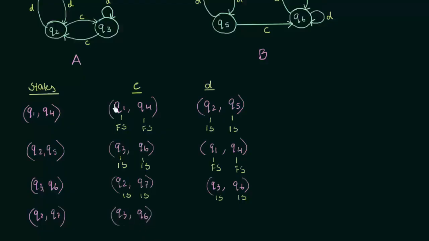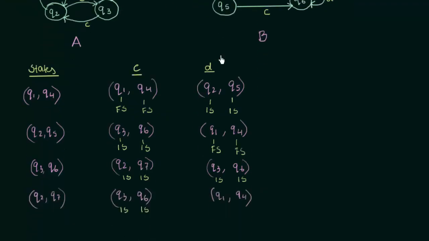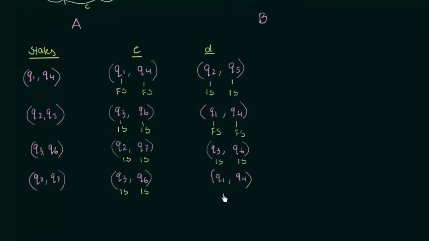Q3 is an intermediate state and Q6 also is an intermediate state, so I'll write IS. Then on input D, they go to Q1, Q4. And if you check our diagram, Q1 and Q4 are both final states.